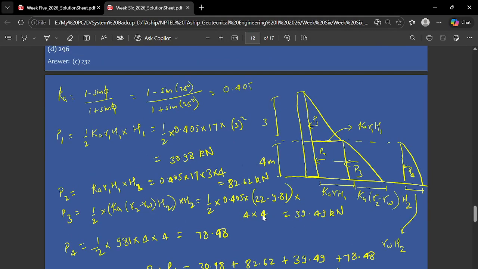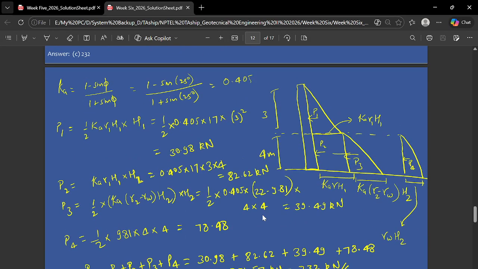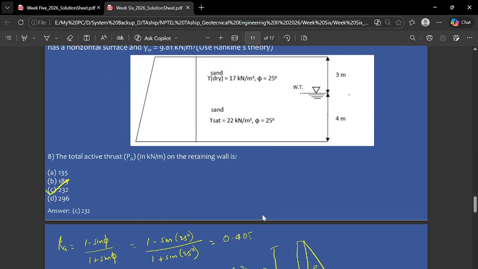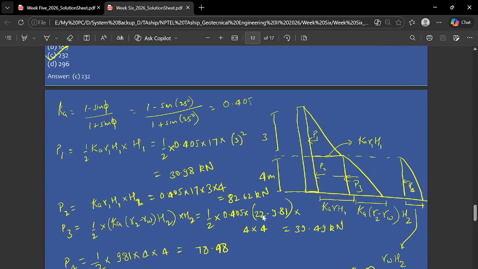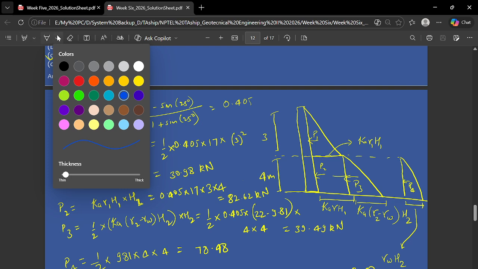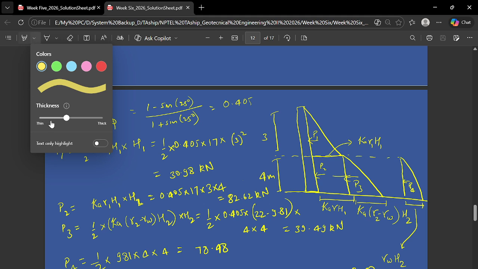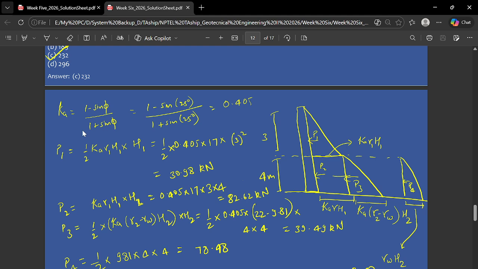So if you see this, that is basically the solution. That's how our stress diagram looks. No worries, I'll move with the cursor. First you have K equal to 1 minus sin phi upon 1 plus sin phi.